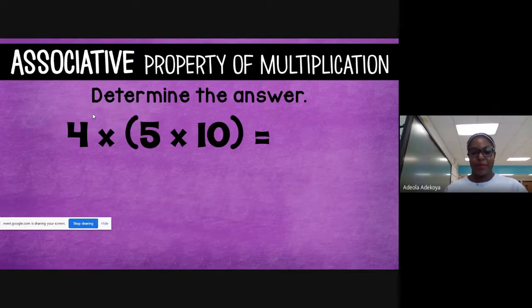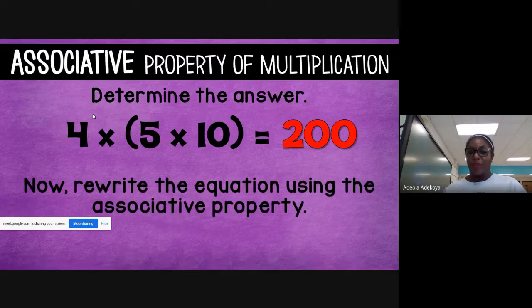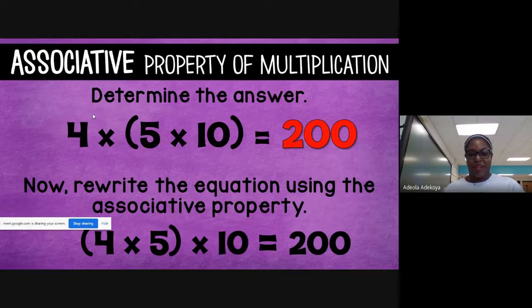Here's another example. 5 times 10, remember, because I'm starting off with a parenthesis first, is 50. And 50 times 4 is 200. Now I'm going to rewrite this equation using the associative property, and that would give me 4 times 5 is 20 times 10 is 200.